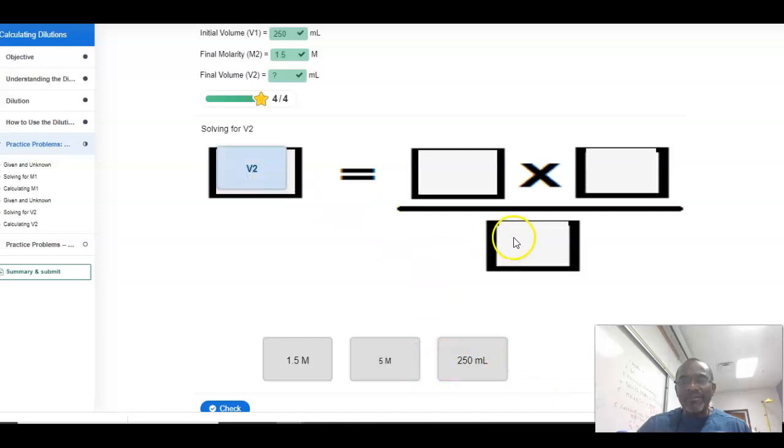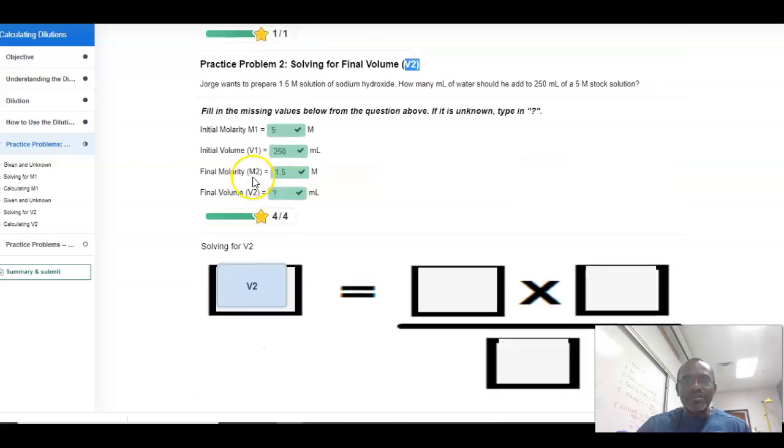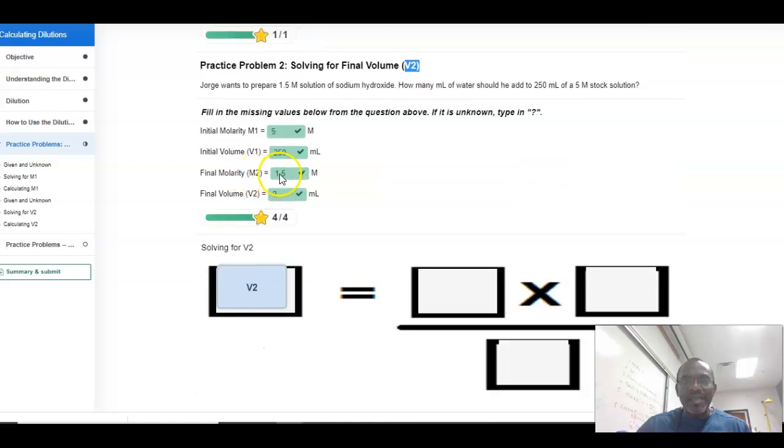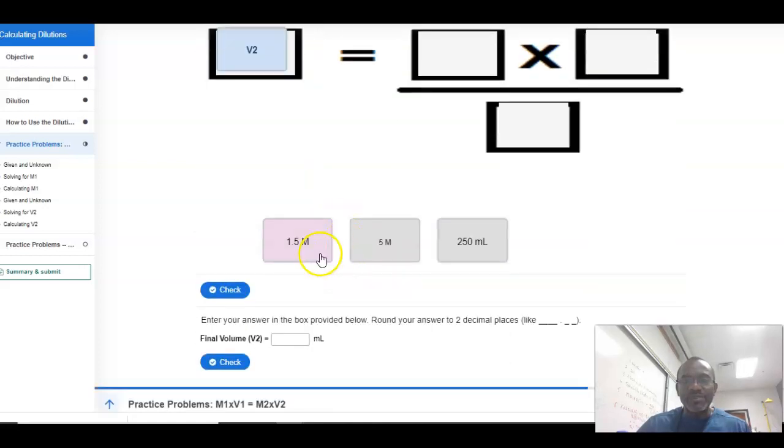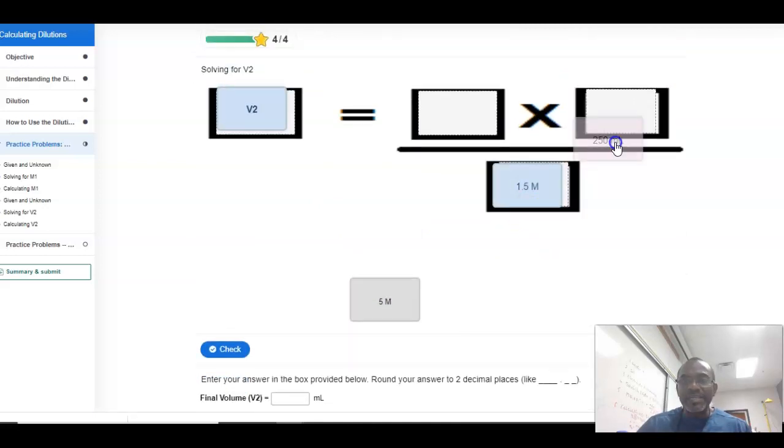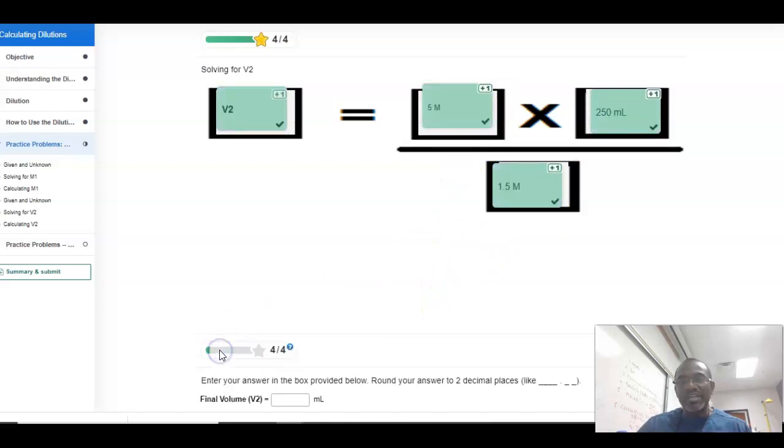And we know that whatever goes at the bottom must be the same, must go with the unknown. So in this case, what goes with the unknown is M2. Based on what we have here, M2 is 1.5, which means that 1.5 will be at the bottom. This 2 now goes on top. So we check, and see that we're correct.